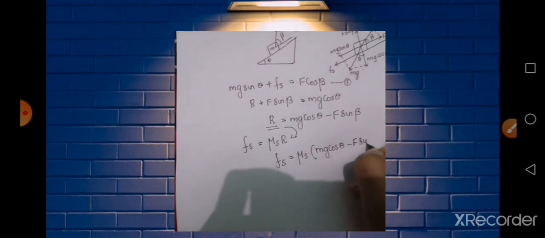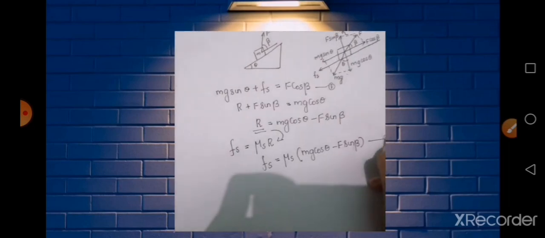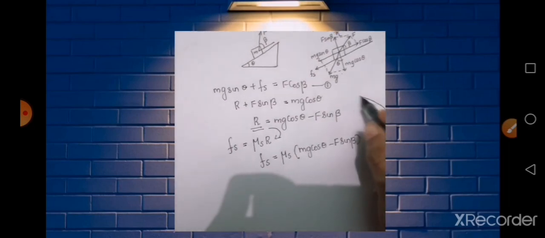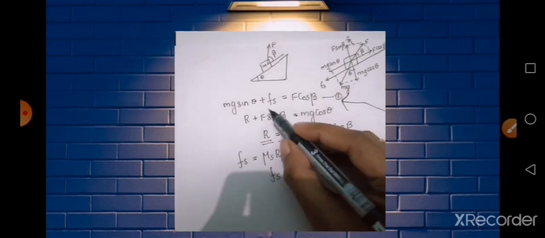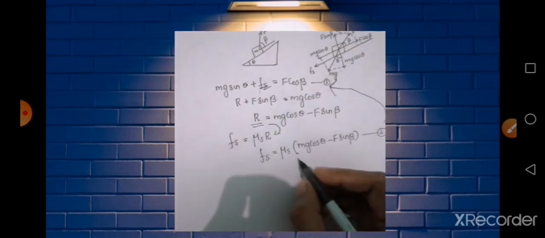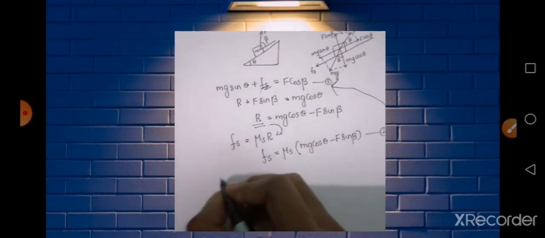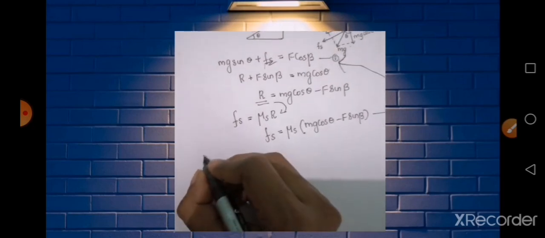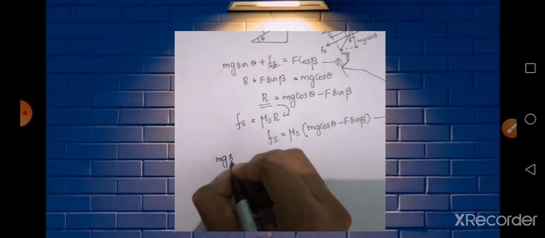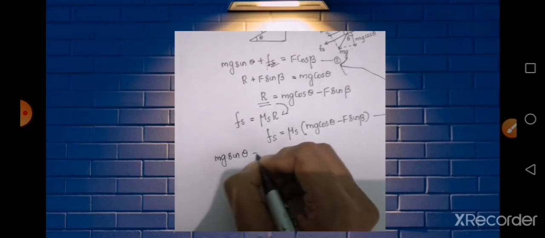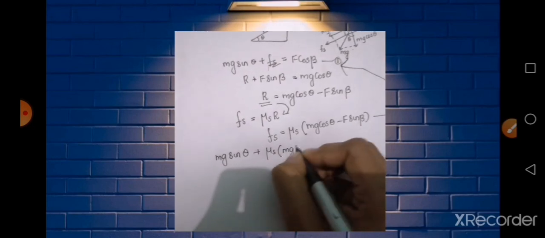Can you take I common out here? When you take I common, you will get V is equal to I into R1 plus R2 plus R3. Now again this Ohm's law you can apply here also. V is equal to IR, isn't it? So if you apply there also, you will get IR equal to I into R1 plus R2 plus R3.